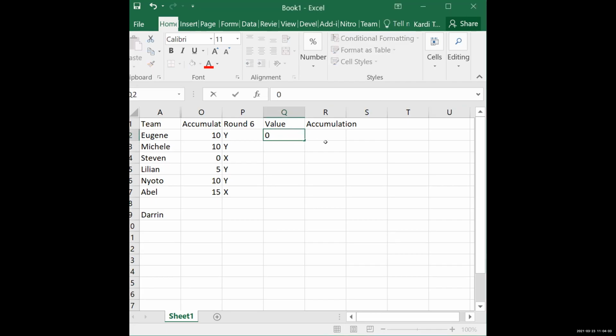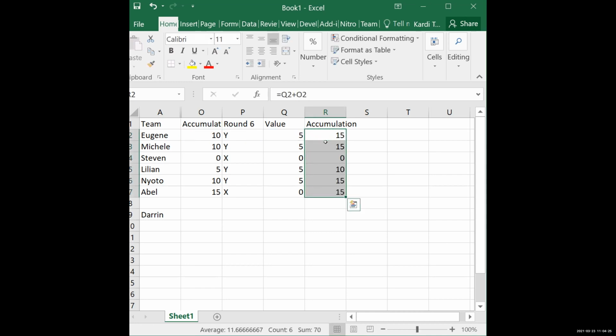So the ones who get Y get 5, isn't it? And you get 0, you get 5, you get 5, you get 0. So then this one plus this one. So the winner, wow, now we have a lot of winners. Eugene, Michelle, Nyoto, and Abel all get 15.